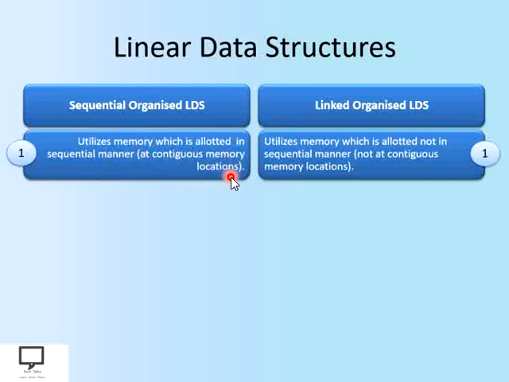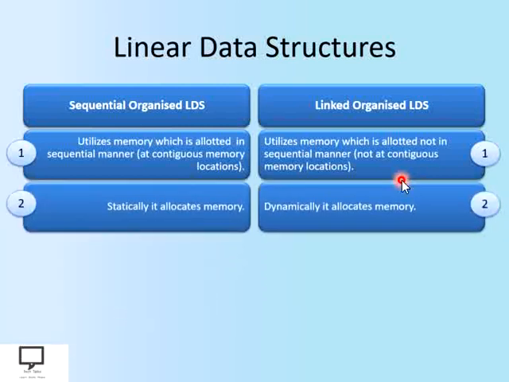But in a linked organized data structure, it utilizes memory which is not allotted in a sequential manner, not in a continuous manner. That's why it is linked organized. Or we can say the other way around: if it is a linked organized linear data structure, then memory will not be in a sequential manner.